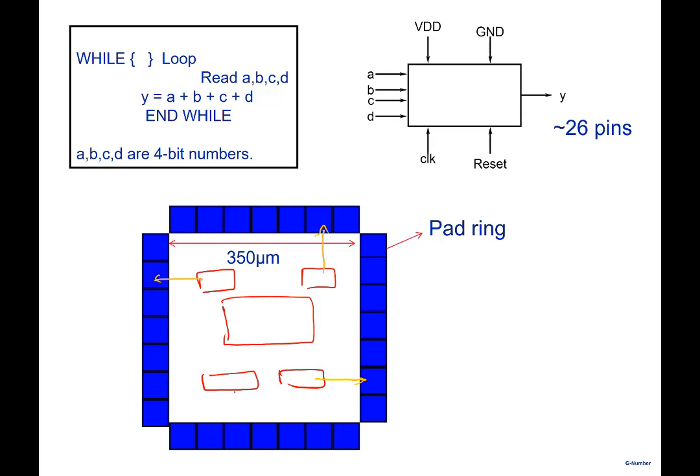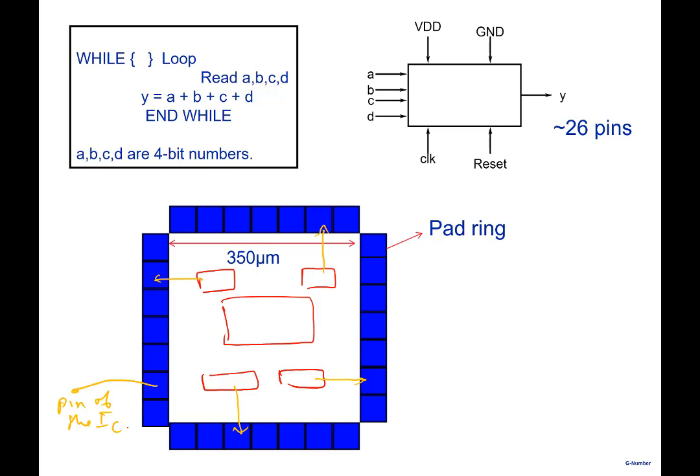This may be connected to a pad here, this may be connected to a pad here, right? So all the connections that you want to bring out into the external world are all connected to the pads, these metal pads here. And to the metal pads, eventually a wire comes in and attaches to this and eventually goes to the pin of the IC.